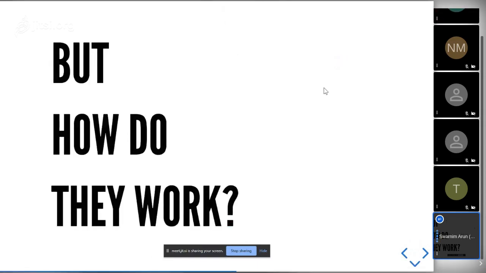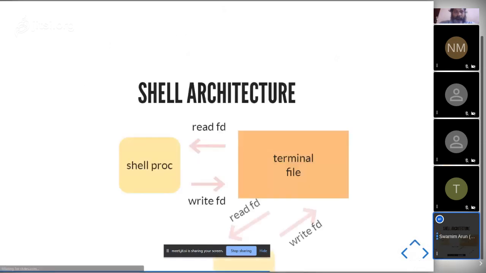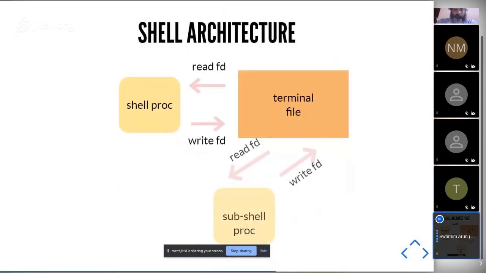But the main question about shells is how do they work? Most of the people that I talk to or know don't really understand how shells work. So the way shells work, or they are supposed to work, this is the architecture. The architectures are slightly different depending upon the operating system. But we will keep on discussing how it works in Unix for now, or at least in Linux.